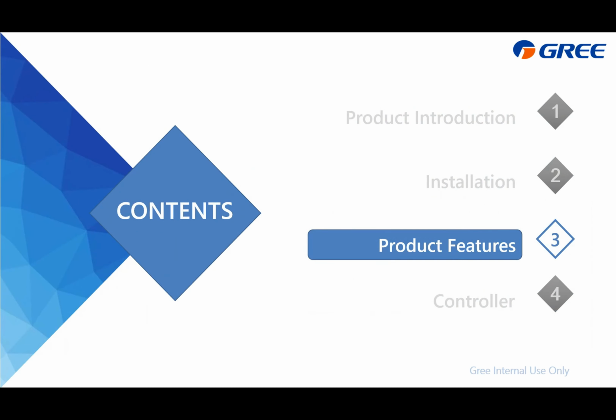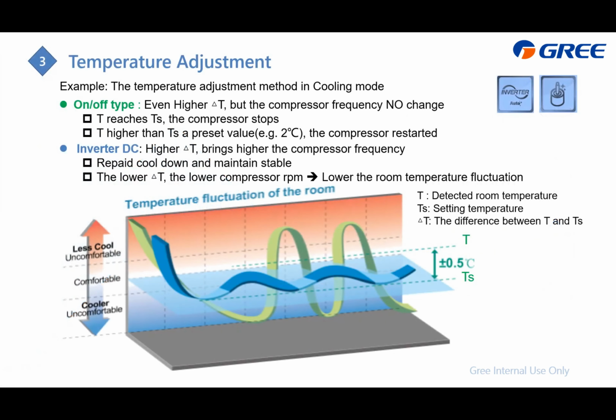The third part is the product features. First is the compressor. Just like what I have said, for the new model we change to the inverter DC compressor. This is the comparison between the regular on-off and the inverter type of compressor, and how it reflects on the temperature control.